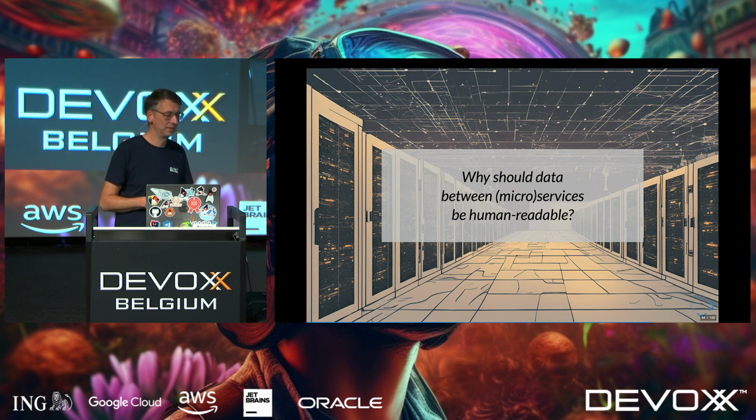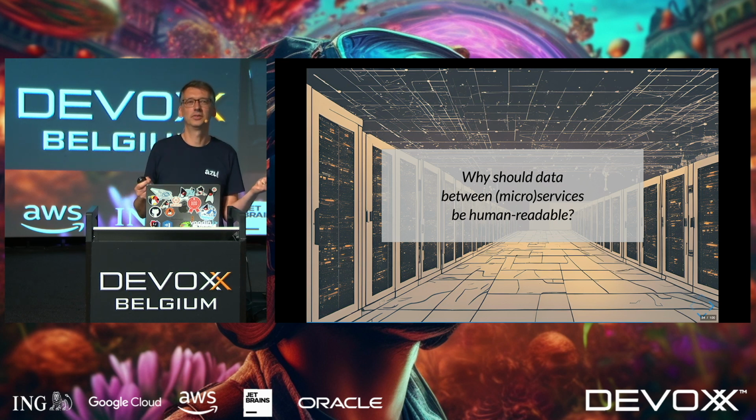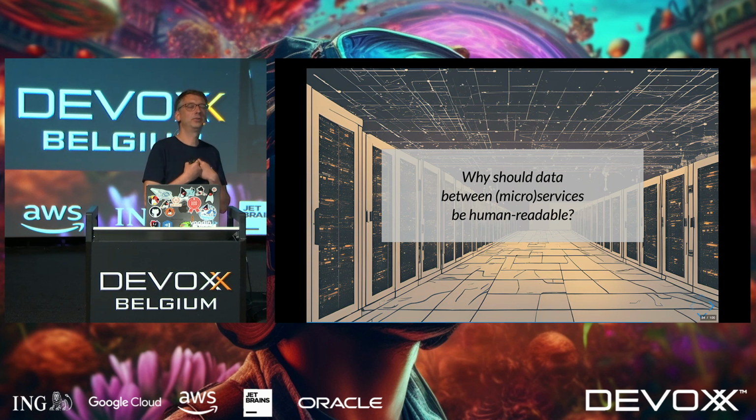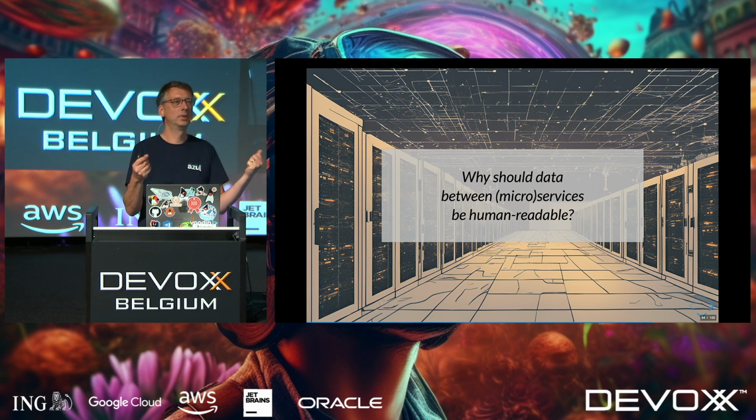But the story is, why does data need to be readable? Why does it need to be readable between microservices? The only advantage I see is if you're debugging something, if you're looking into logs, if you want to see what's happening in a system at runtime live.